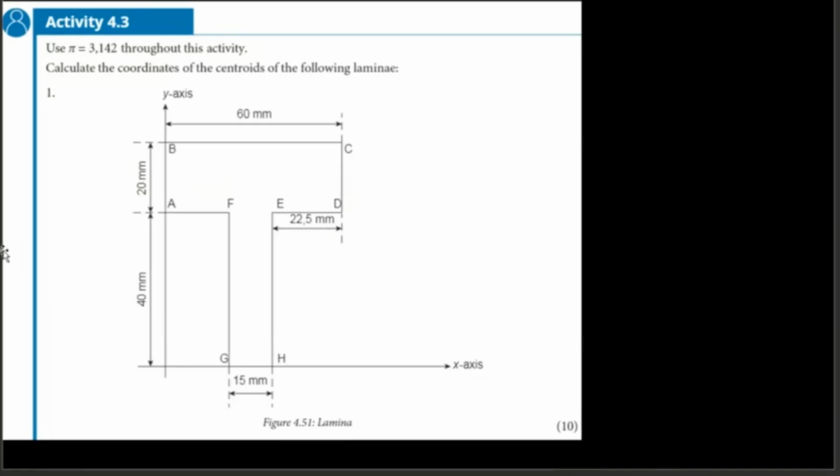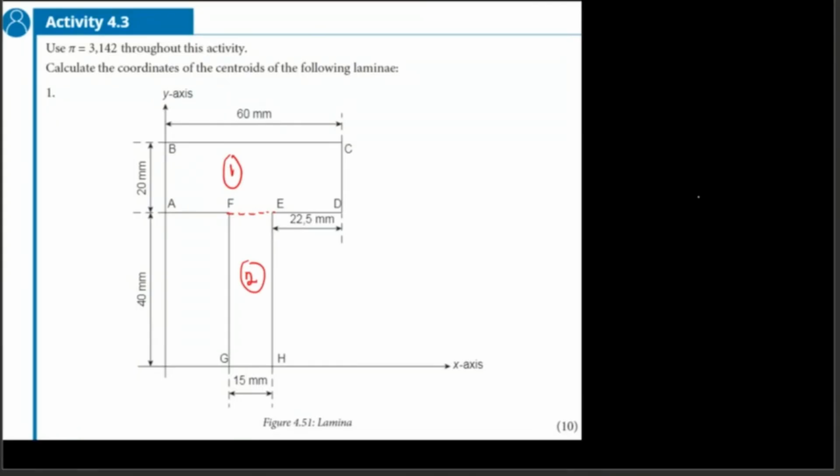The first thing you have to do here: if you look at this diagram, you can divide it into two. You close it at this end here so that you can choose either of the parts. This is my part 1 and this is my part 2, so I have two rectangles there.